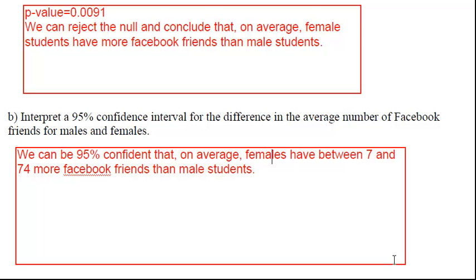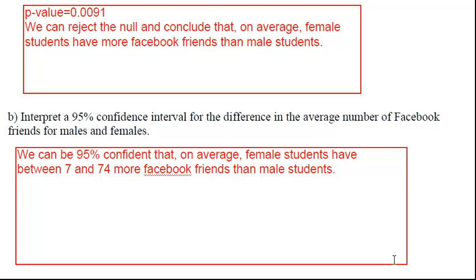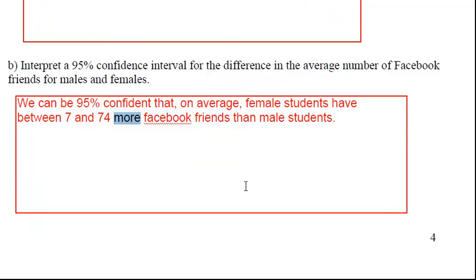I should really put students in there just because I think the survey was students. So we can be 95% confident that on average female students have between 7 and 74 more Facebook friends than male students. So this word here, more, is very important. I'm not just saying that there's a difference, I'm saying that females have more Facebook friends than males.